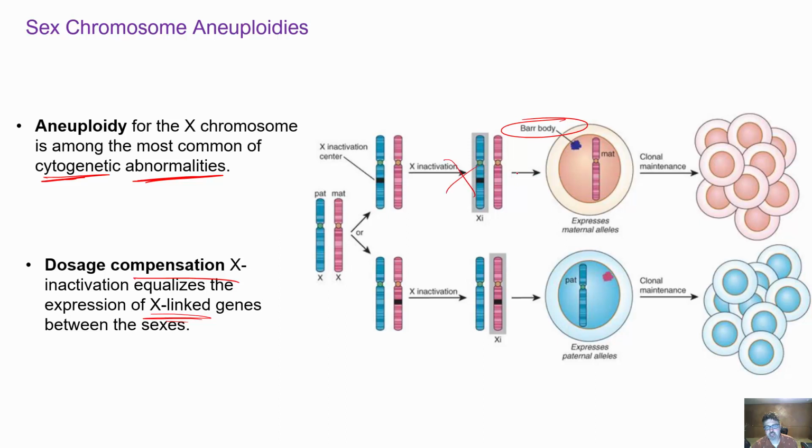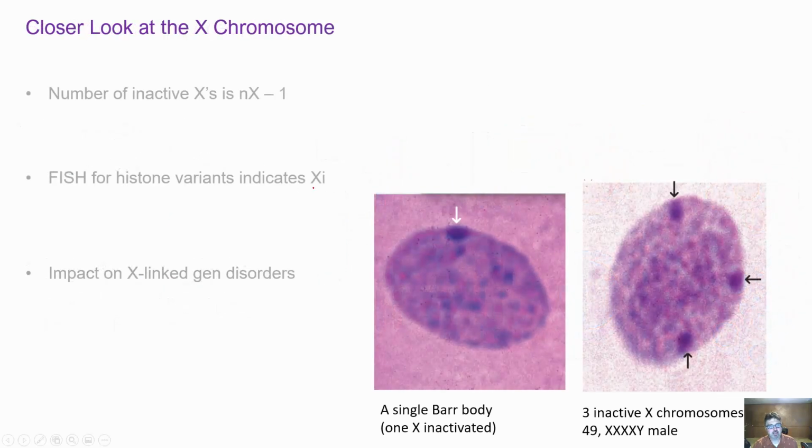In one cell line, the paternal chromosome becomes inactivated, becoming a Barr body, so only the maternal X persists. In the other cell, the maternal chromosome is inactivated, and so only the paternal X is expressed. That's where we get that kind of mosaicism you might be familiar with, like the calico cat, where we see different patches of color along the fur.